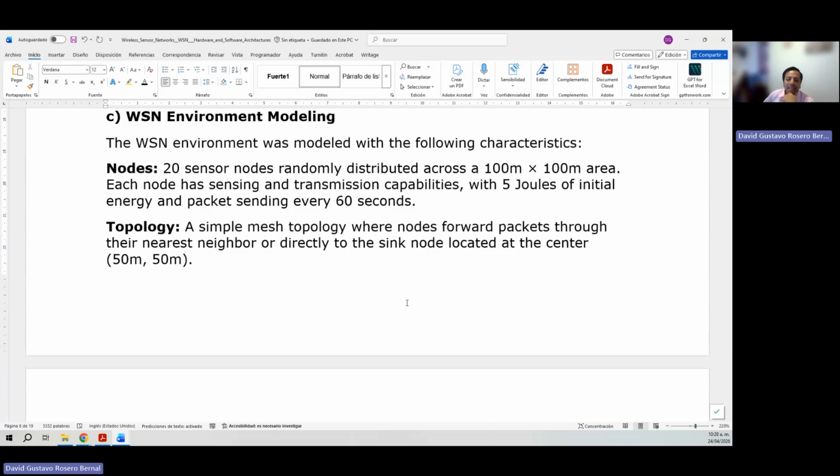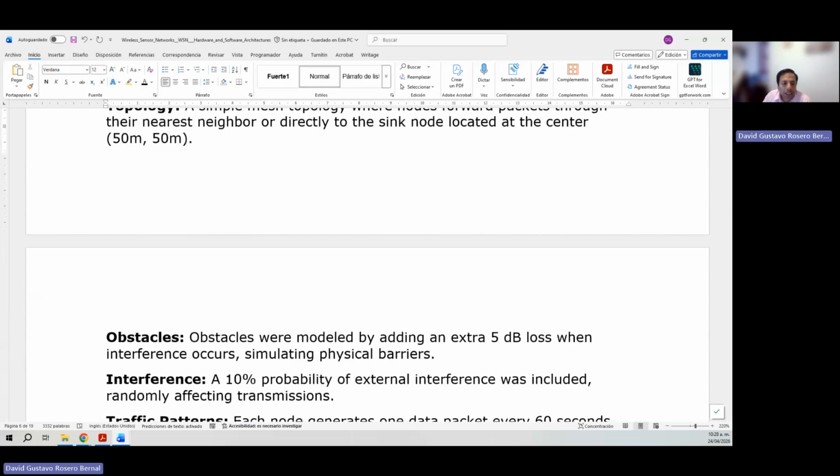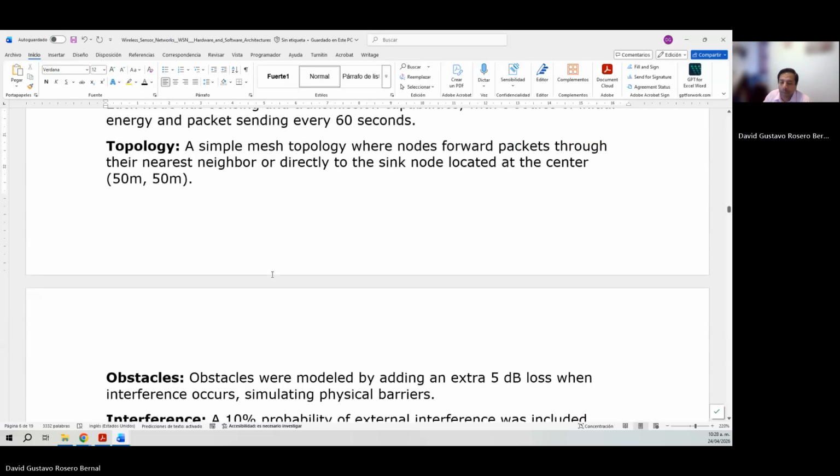Each node has sensing and transmission capabilities with 5 joules of initial energy and packet sending every 60 seconds. For the topology, I have selected a simple mesh topology where nodes forward packets through the nearest neighbor or directly to the sink node located in the center of the area.